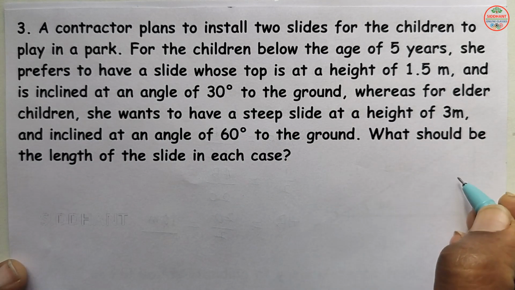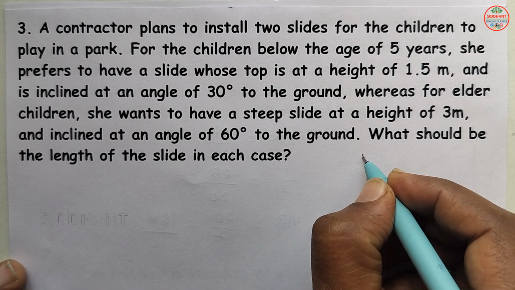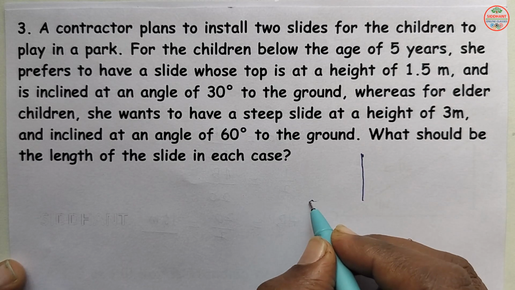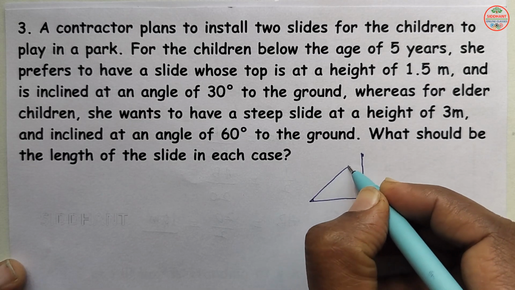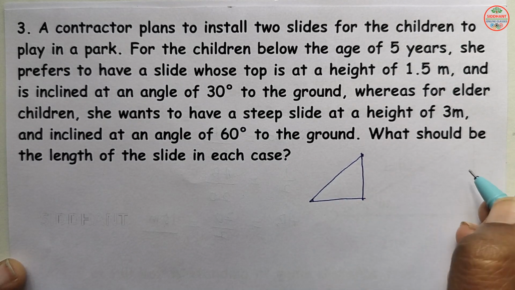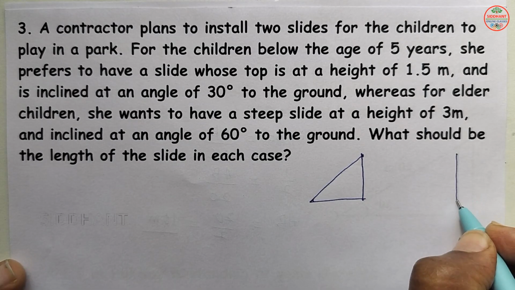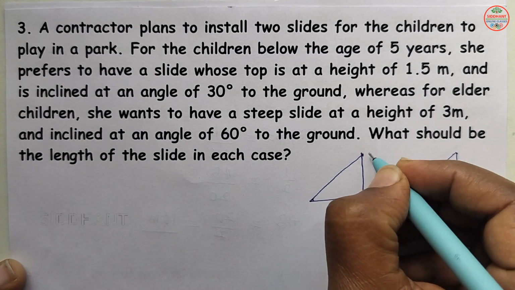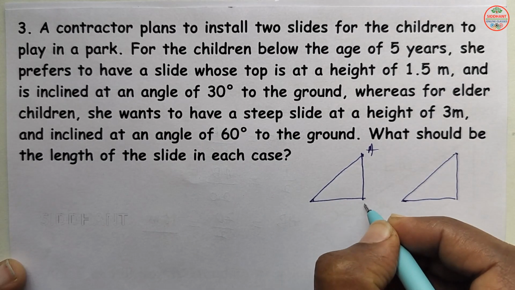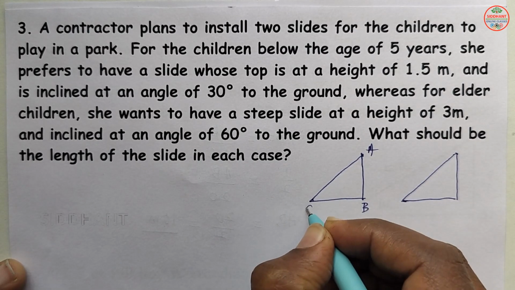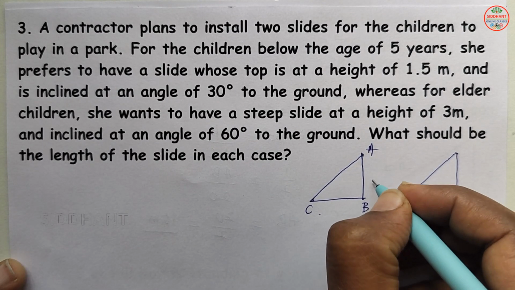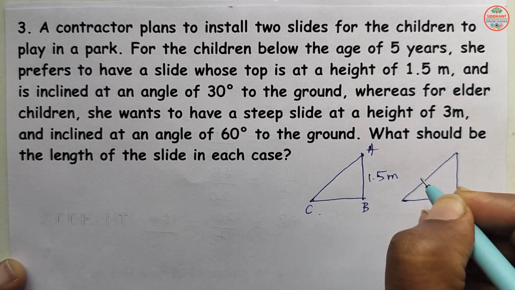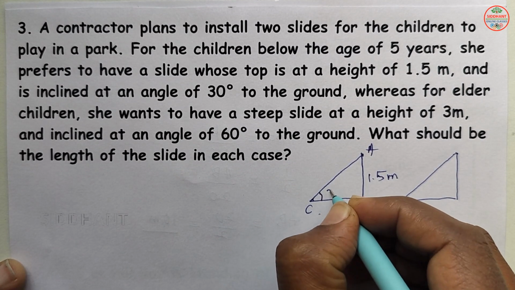So here 2 slides we are going to see, whose height is 1.5 and 3 here. So these are the 2 slides. Let it be A, B, C. So one figure which is having height 1.5 meters and angle of 30 degrees.